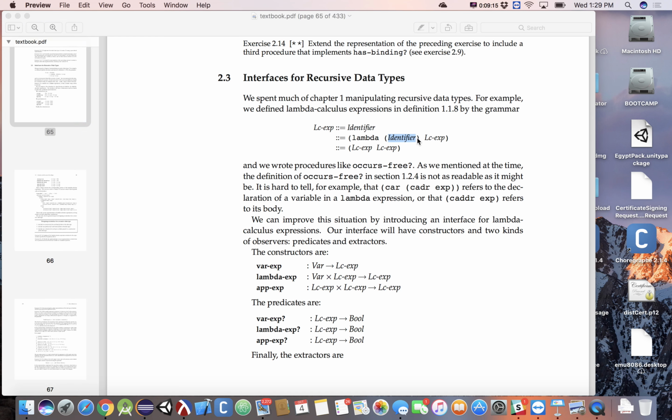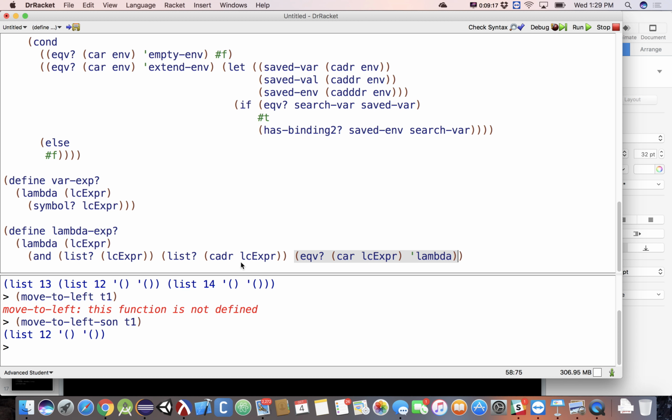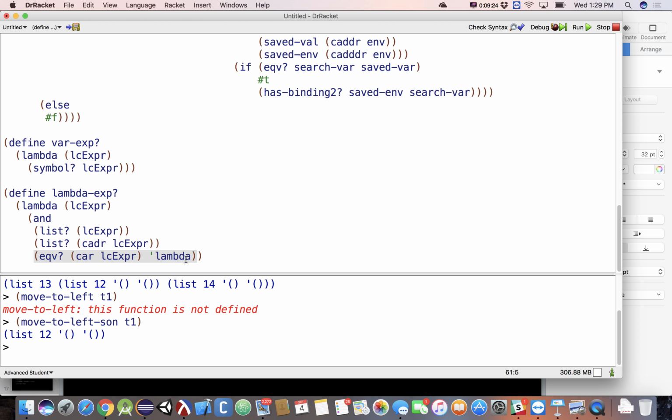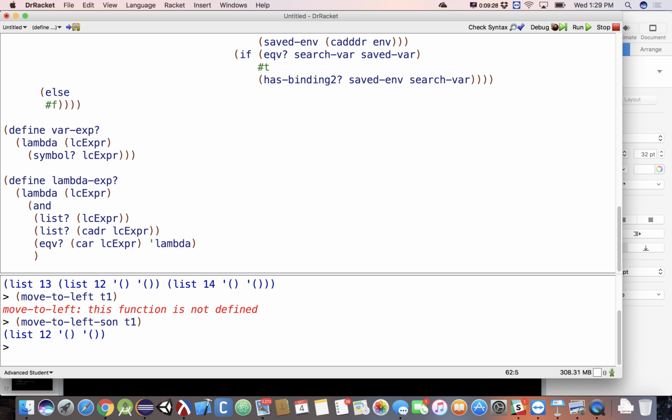Check if the length's equal to 1. So, and I'm going to start kicking these down. Equal length CADR Elsi expression is 1.